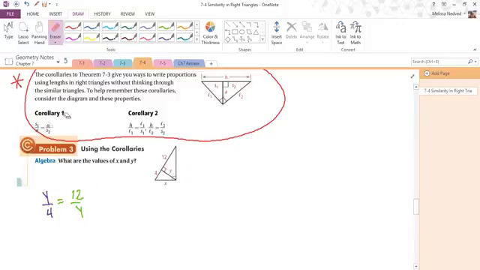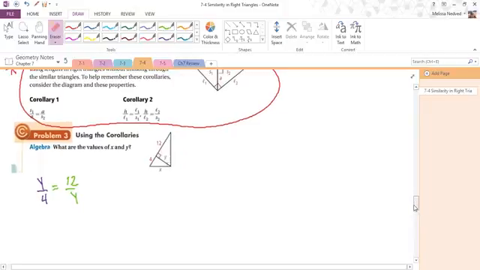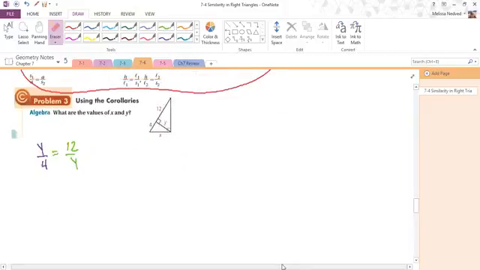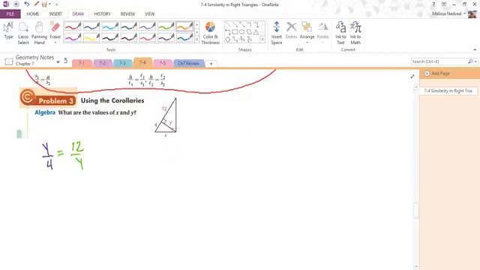Or use this shorthand up here from corollary 1. A piece of the hypotenuse of the large triangle over the altitude equals the altitude over the other piece of the hypotenuse. Two different ways of saying the same thing. Now once we've got the proportions set up, we can use cross multiplying to solve. y times y is y squared. 4 times 12 is 48.